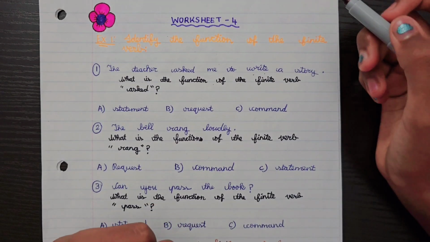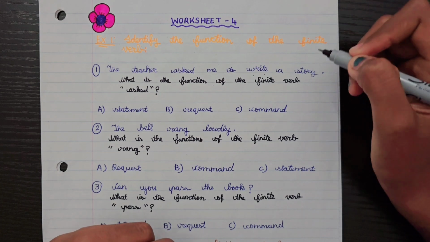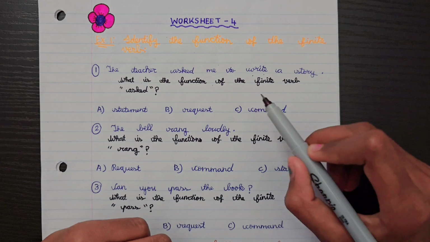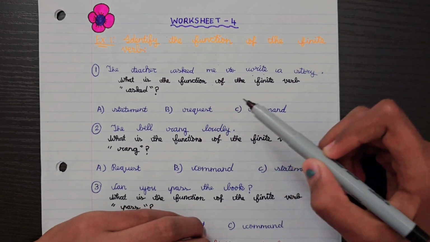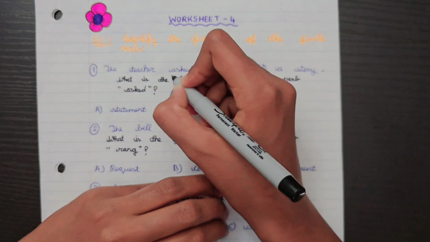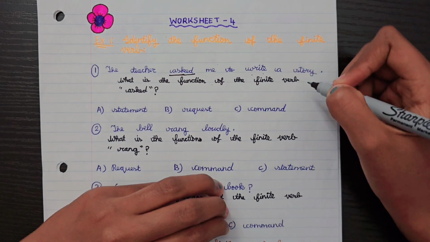Now, worksheet 4. Exercise 1. Identify the function of the finite verb. So first question. The teacher asked me to write a story. What is the function of the finite verb asked? So they gave us asked as the finite verb in this sentence.